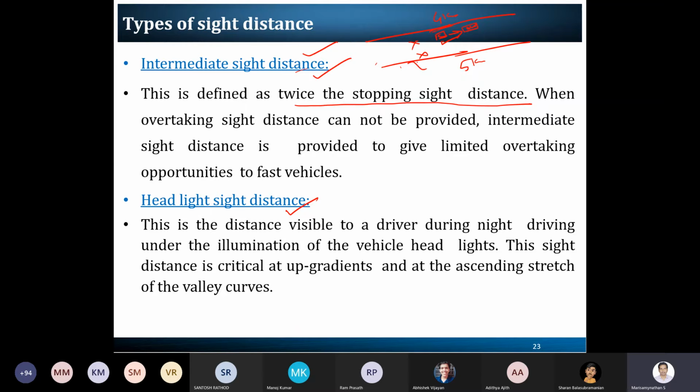With respect to the headlight, how long the visibility is and how the illumination helps avoid an accident when we try to observe, and accordingly when we study that distance, it is considered the headlight distance. Basically this headlight distance influences the vertical curve, where upgrades and downgrades come, and at that point the headlight is affected. So these are the five sight distances we consider when it comes to highway design.